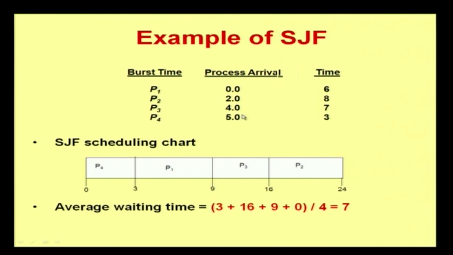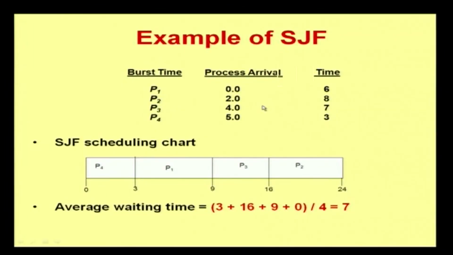The waiting time of P4 is 0, because this is the shortest time and it gets completed within a very short span. So the initial waiting time of P4 is 0. What is the time taken for completing P4? It is only 3 milliseconds.